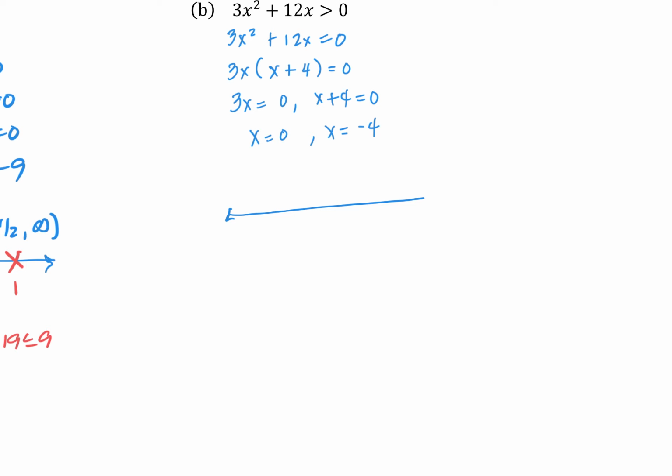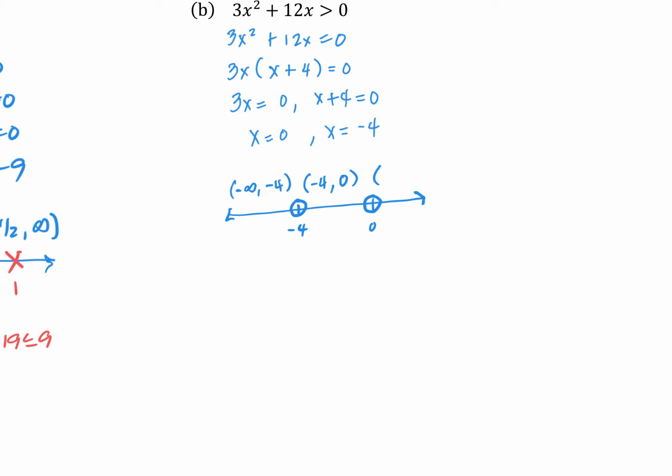Again, you have to put them in the order that they would appear on the number line. The -4 comes first, and then the 0. This is strictly greater than, so I cannot include the -4 or the 0 in my solutions, if there are any. The interval would be -∞ to -4 parenthesis. The next interval that I'm going to test would be -4 to 0.